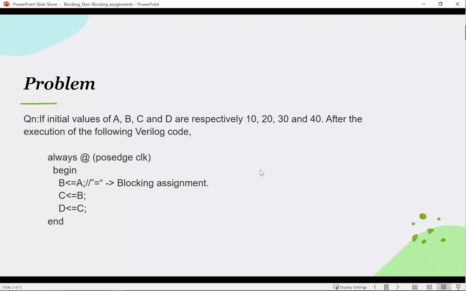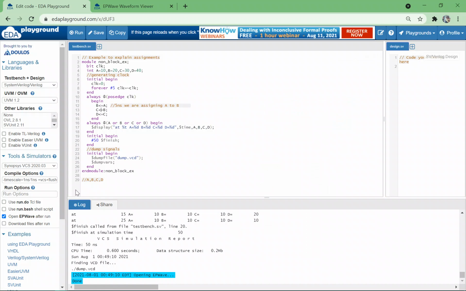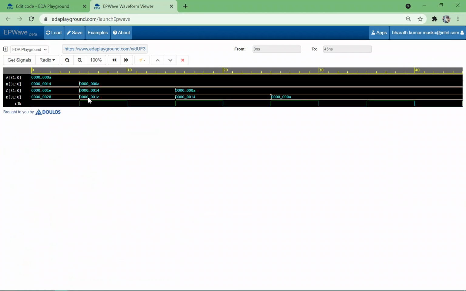Here, if you see in the waveform, B is 10 and C becomes 20. There is nothing blocking, so immediately the assignment takes place at the clock and it becomes 20. Right? Vice versa, it will go on.